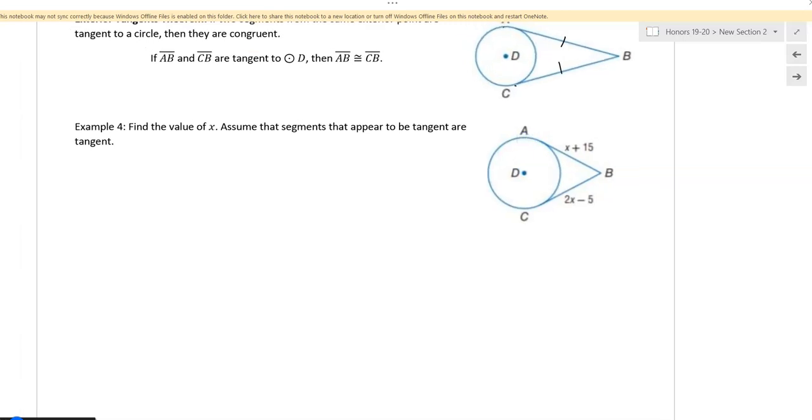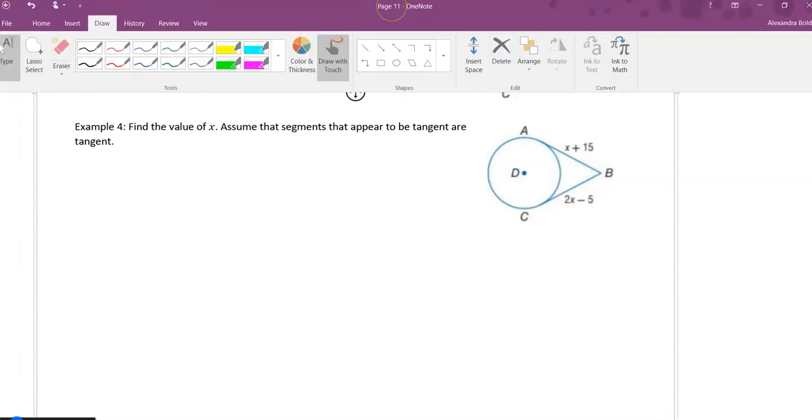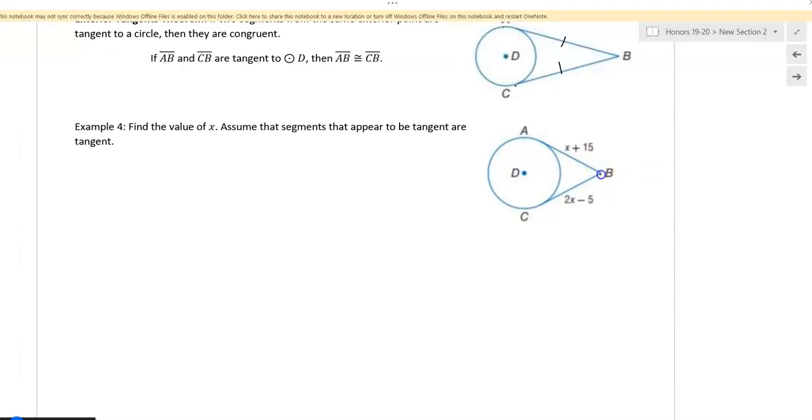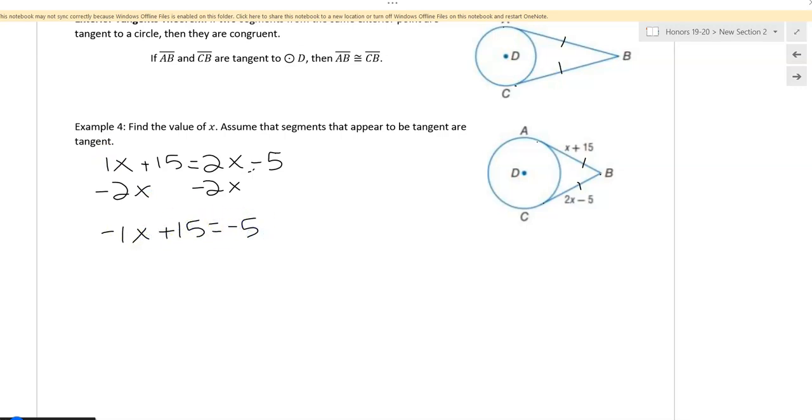So again, both of these come from B. And they hit our circle in one spot. And so therefore these are the same. So that means x plus 15 equals 2x minus 5. I'm going to subtract 2x. 1x minus 2x is negative 1x plus 15 equals negative 5.